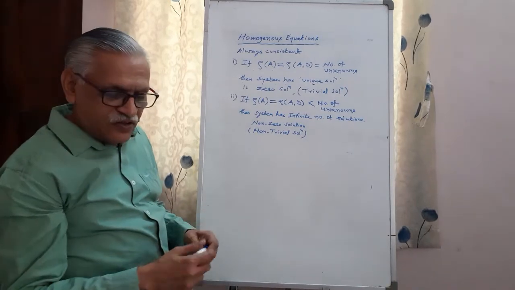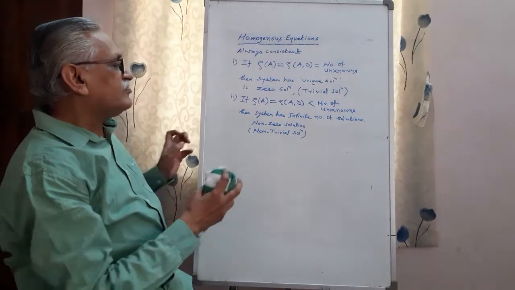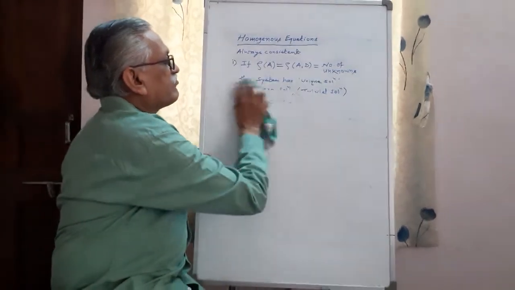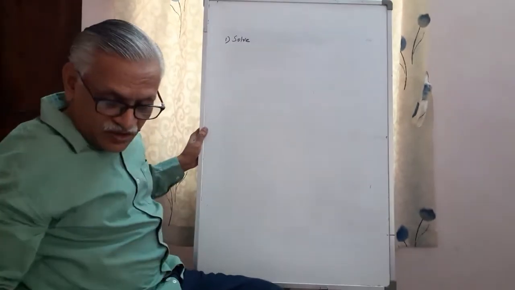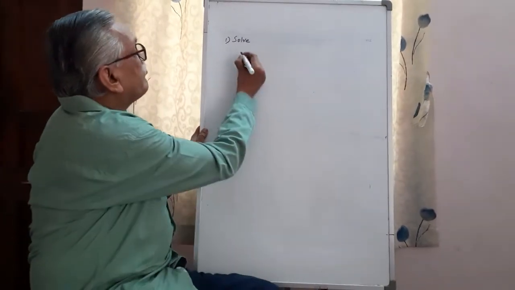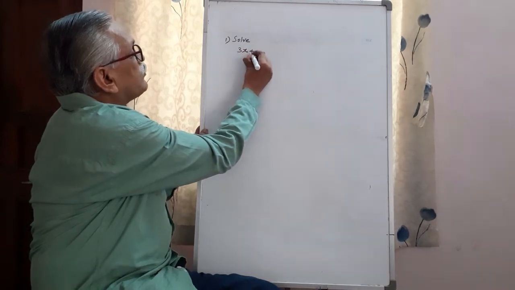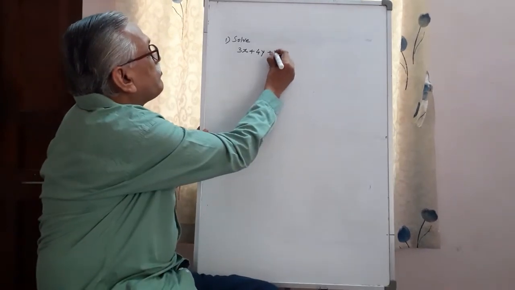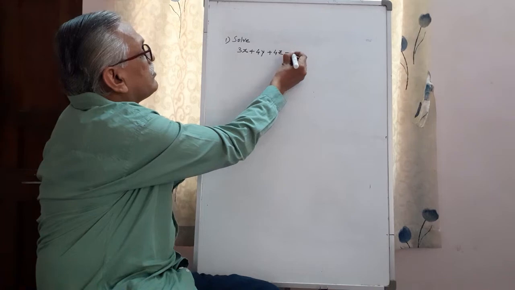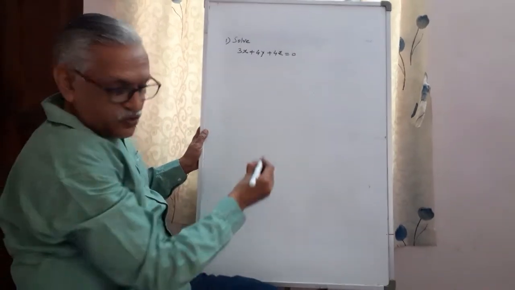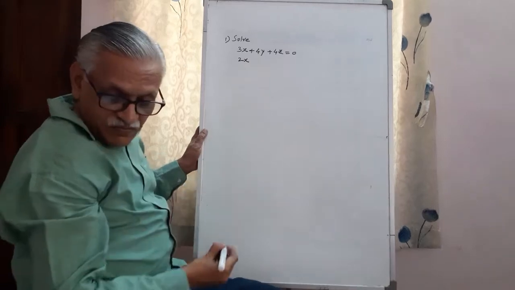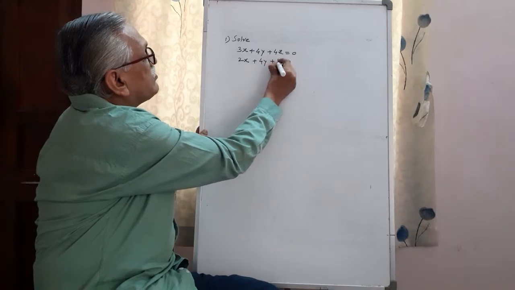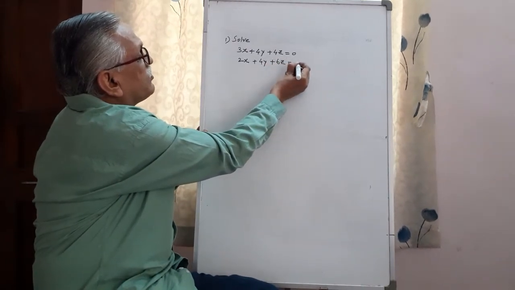We try to solve examples of this type. Consider the first example, solve. Equations are 3x plus 4y plus 4z is equal to 0. 2x plus 4y plus 6z is equal to 0.